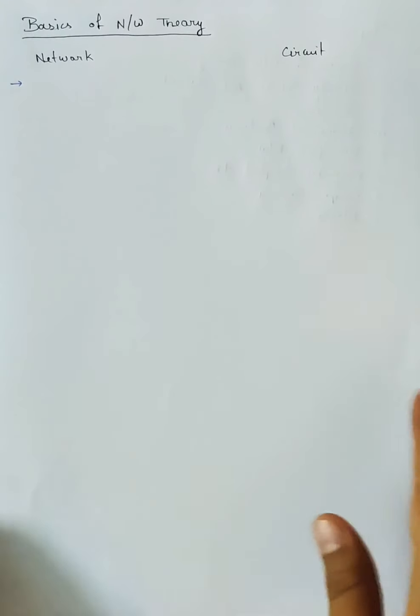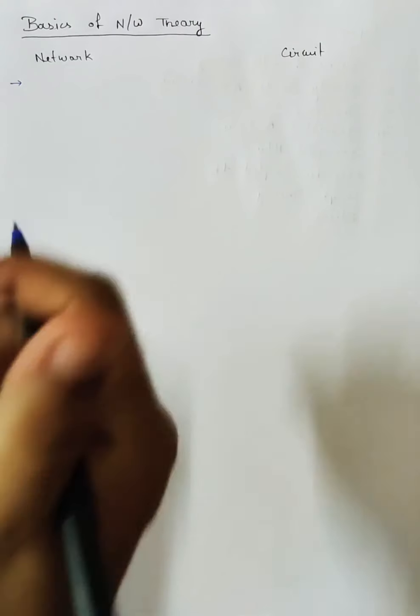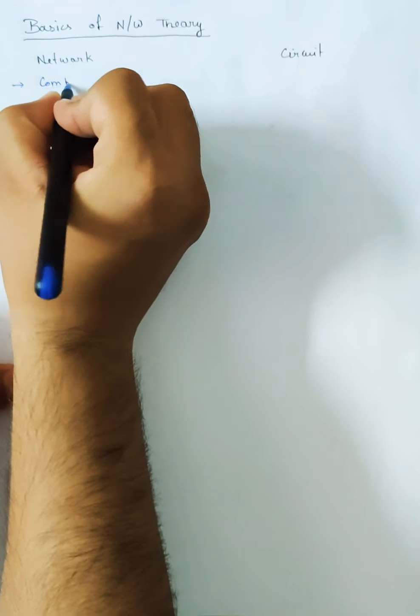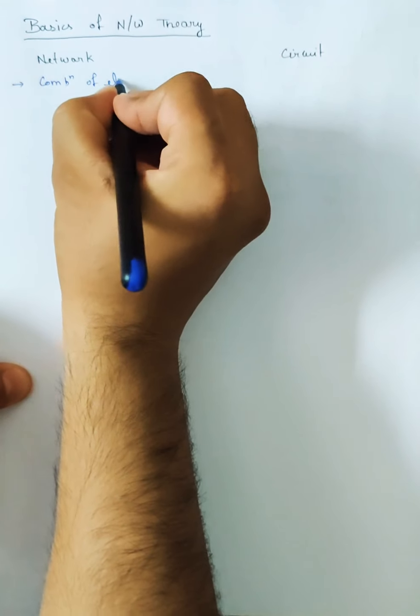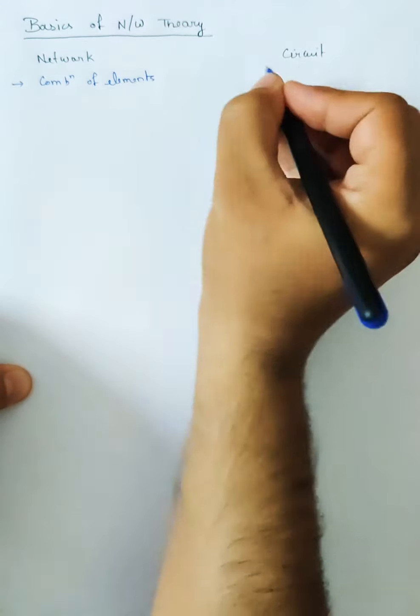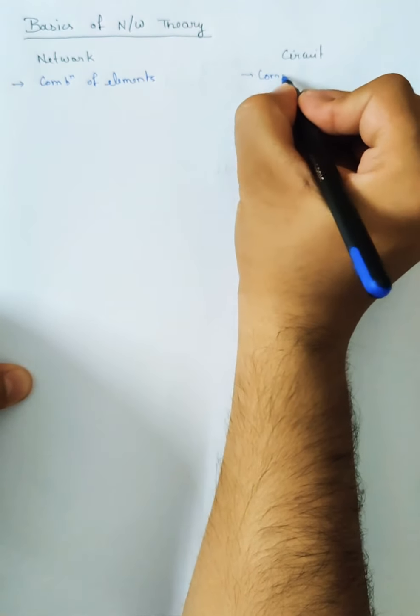We often get confused with the terms network and circuit. So these are two different terms. Network is a combination of elements. Circuit is also a combination of elements.